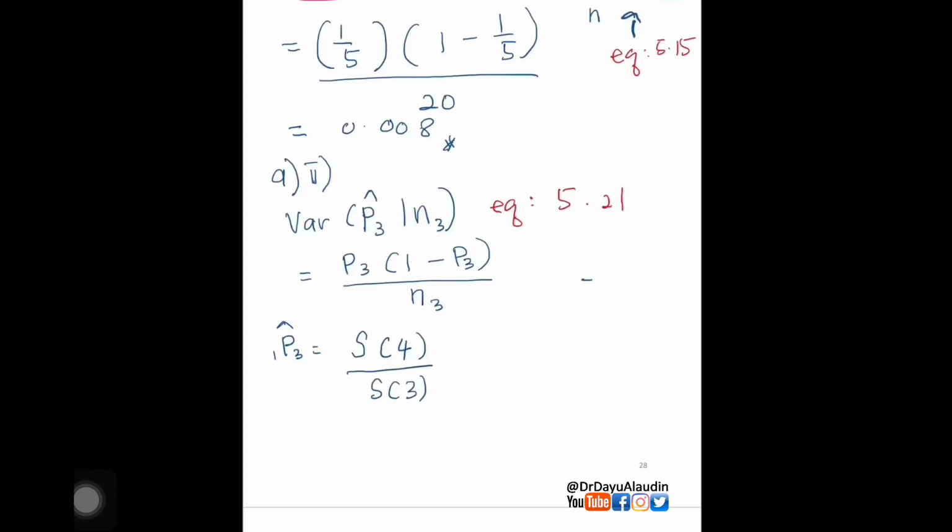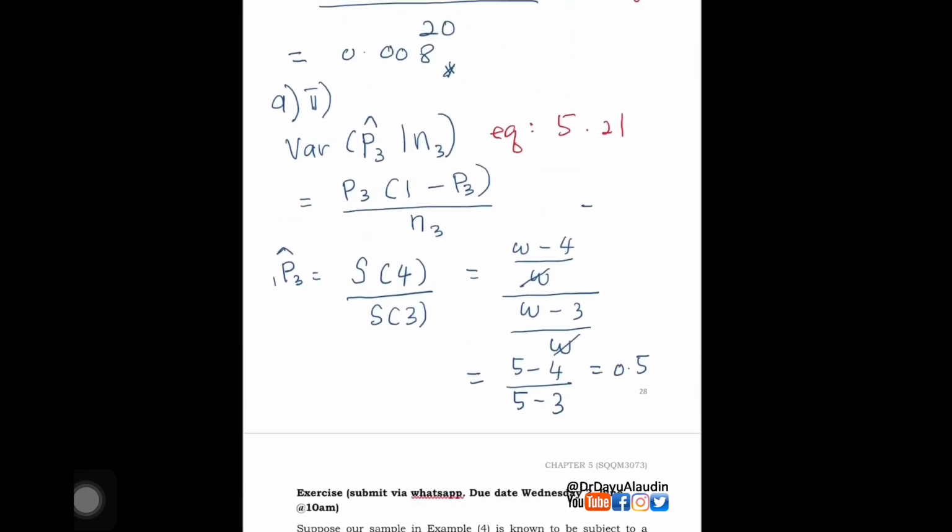Yes, so we use De Moivre's law: omega minus 4 over omega, divided by omega minus 3 over omega. With omega as 5, we get 5 minus 4 over 5 minus 3, and the answer is 0.5. Then you can substitute here.